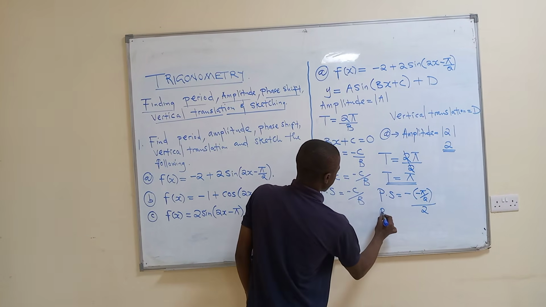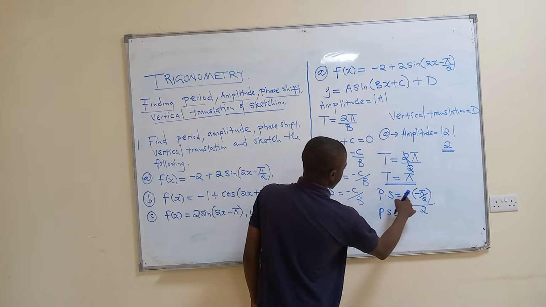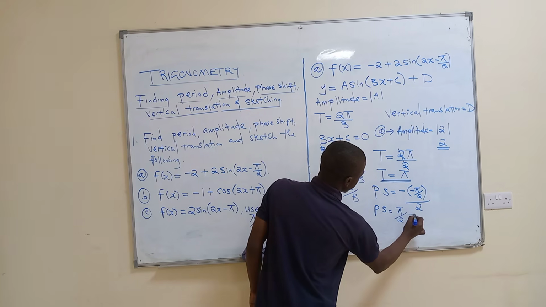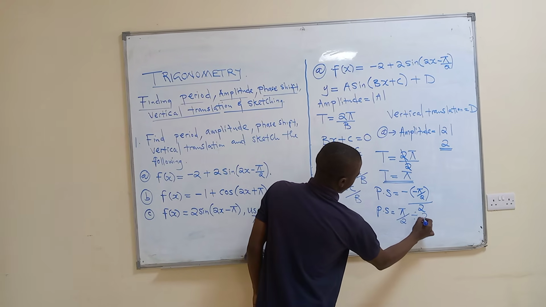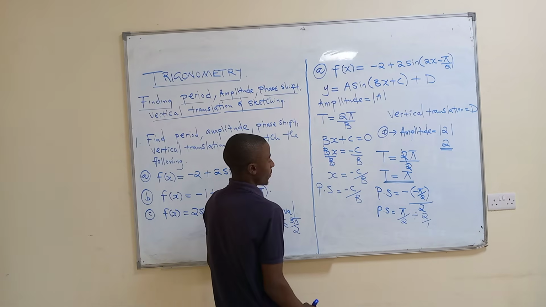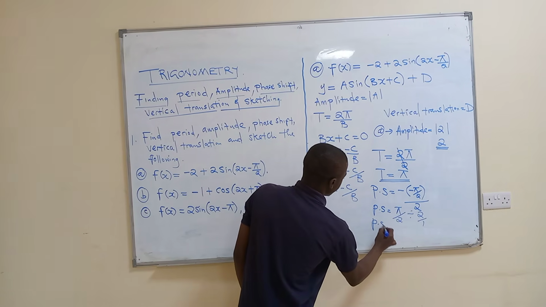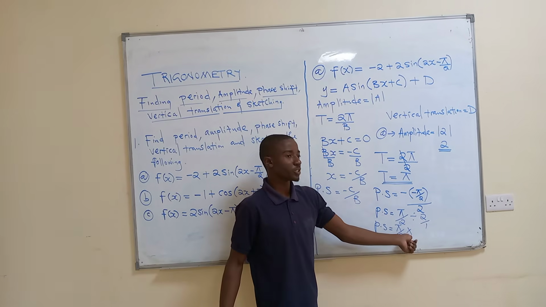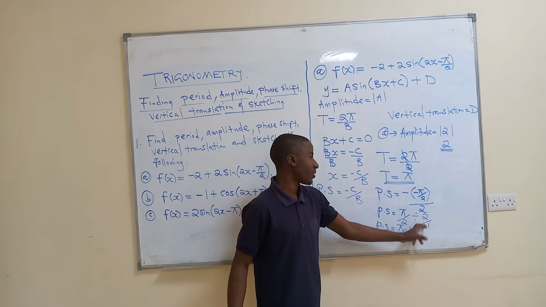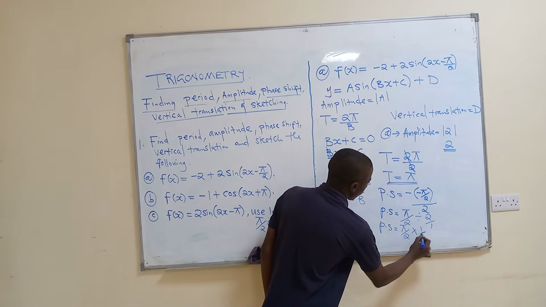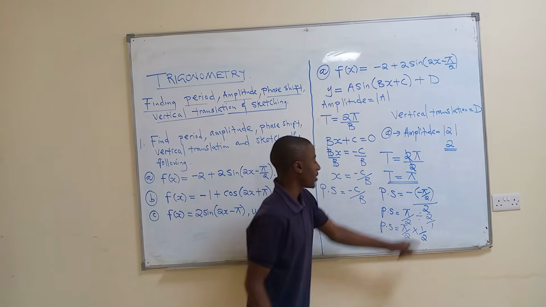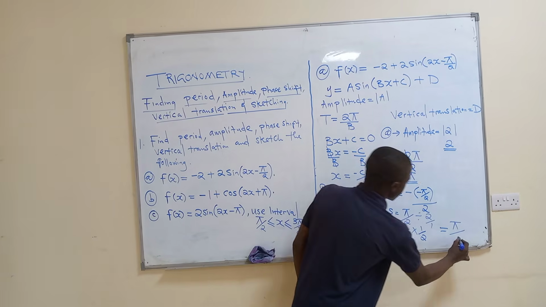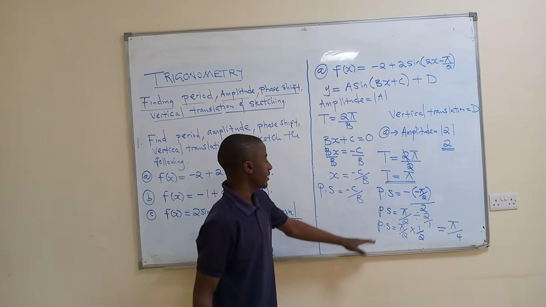So phase shift equals negative times negative, which is positive pi over 2, divided by 2 over 1. Once you put the multiplication symbol, the values swap, and you have 1 over 2. So pi times 1 is pi, over 2 times 2, that is 4. So this is the phase shift.